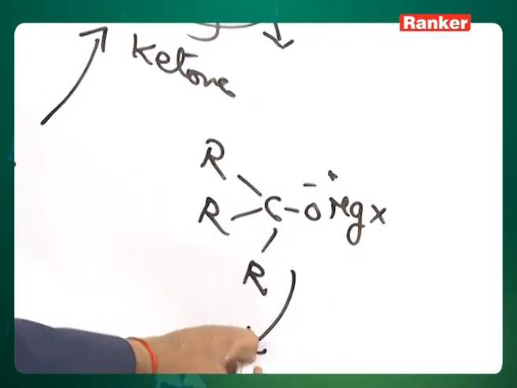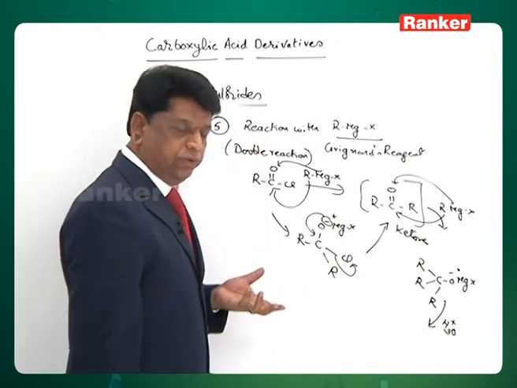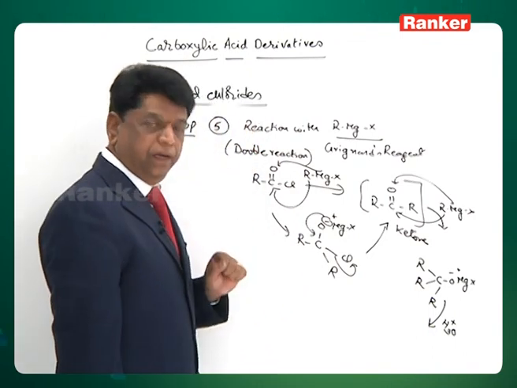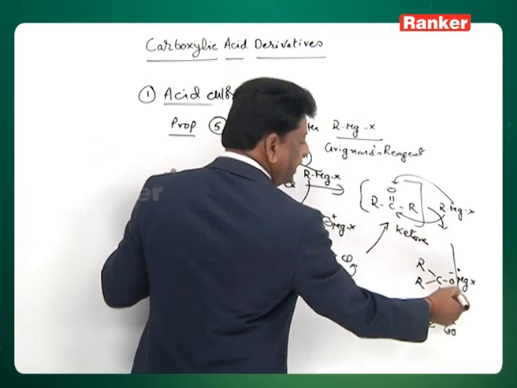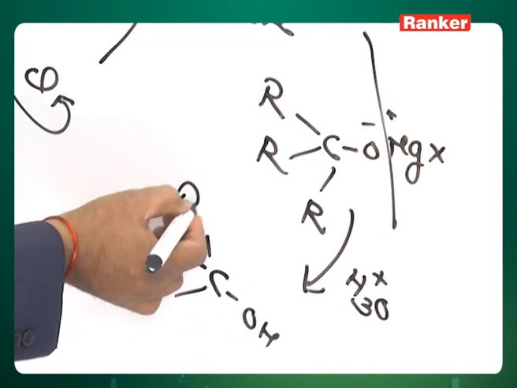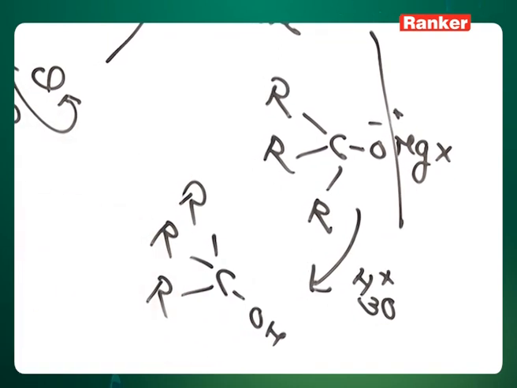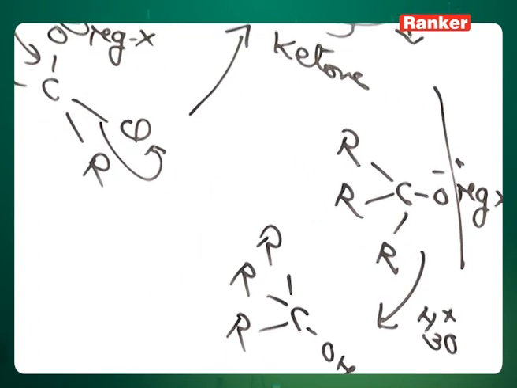This on hydrolysis, hydrolysis can be with water alone also, or water plus acidic medium, that is acidic hydrolysis is more favorable, cuts into H and OH. So, we get an alcohol containing 3 R's. Of these 3 R's, 2 R's are from the RMX, and 1 R is the original one.